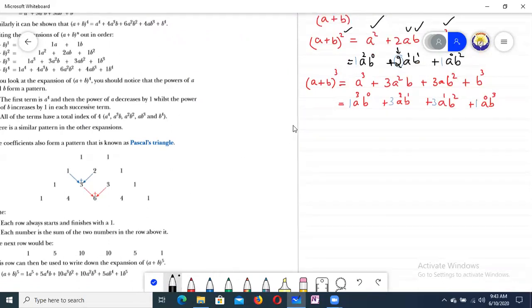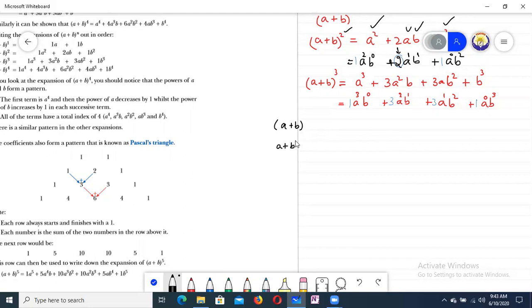Now you can see, when there is a plus b raised to the power 1, there is no need to expand it.